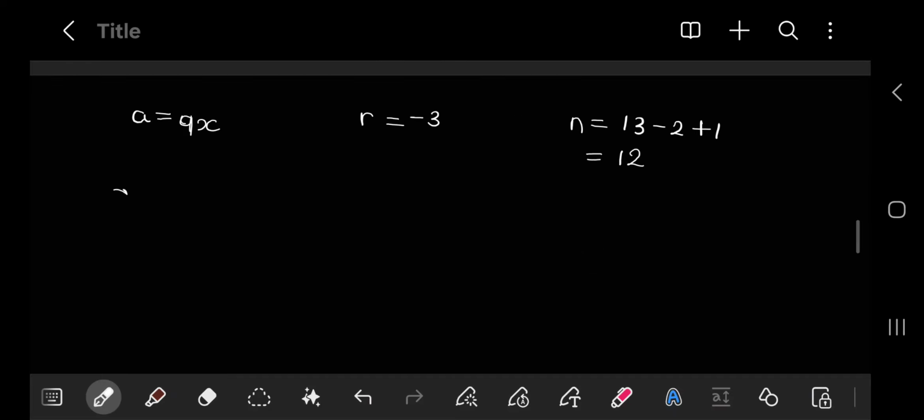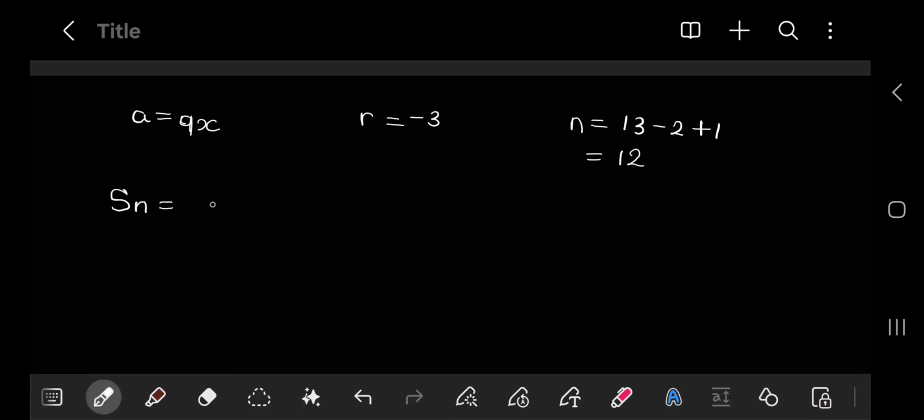Now you guys remember that when it comes to calculating the sum for a geometric series, there are two separate formulas. There's a formula that we use when r is greater than 1, and another formula when r is less than 1. So here, r is less than 1 because we have negative 3.